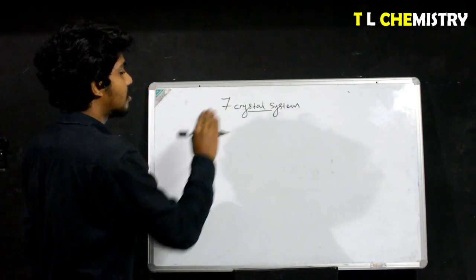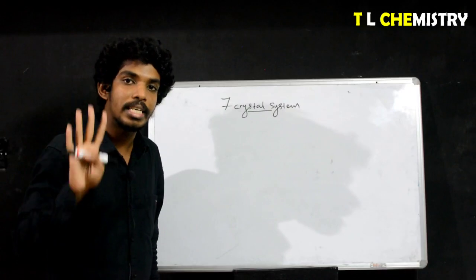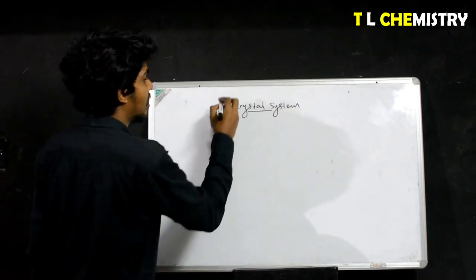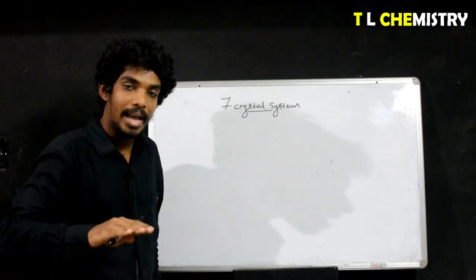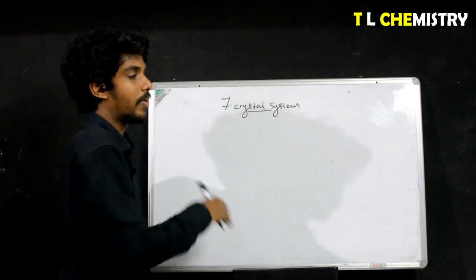So in solid state chemistry, there are 14 Bravais lattices and 7 crystal systems on the basis of the axial length and axial angle in the unit cell.